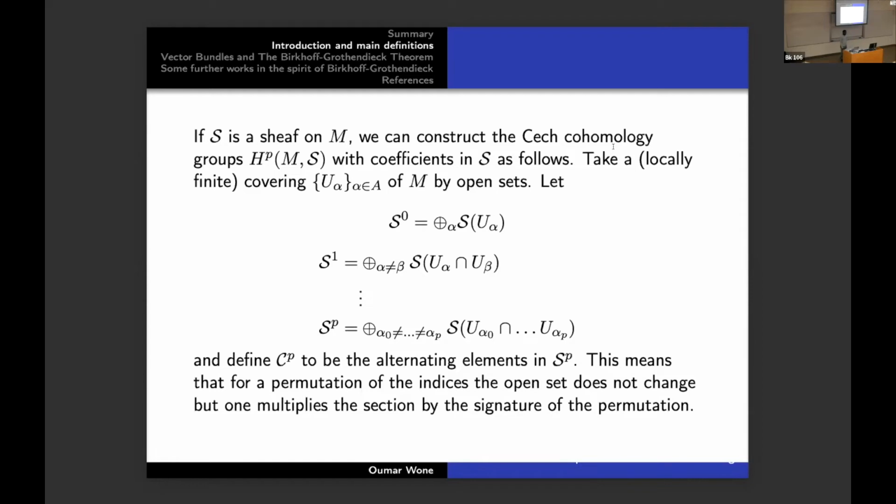One takes a locally finite covering of M by open sets, and we define S0 as the direct sum of S(U_alpha), S1 as this direct sum, etc. And we take C^p as the alternating elements of S^p, which means that if we take an element of S^p and we permute the indices, we have to multiply the section by the signature of the permutation.